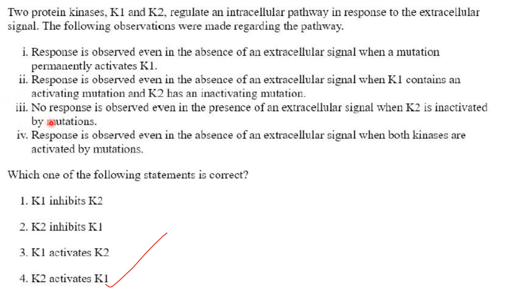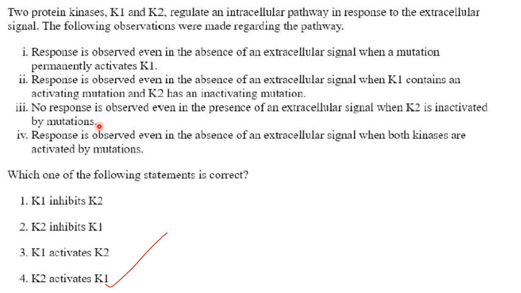Now 3. No response is observed even in the presence of an extracellular signal when K2 is inactivated by mutation. Yes. If K2 is inactivated by mutation, you won't get a response because it is K2, then K1, then response.